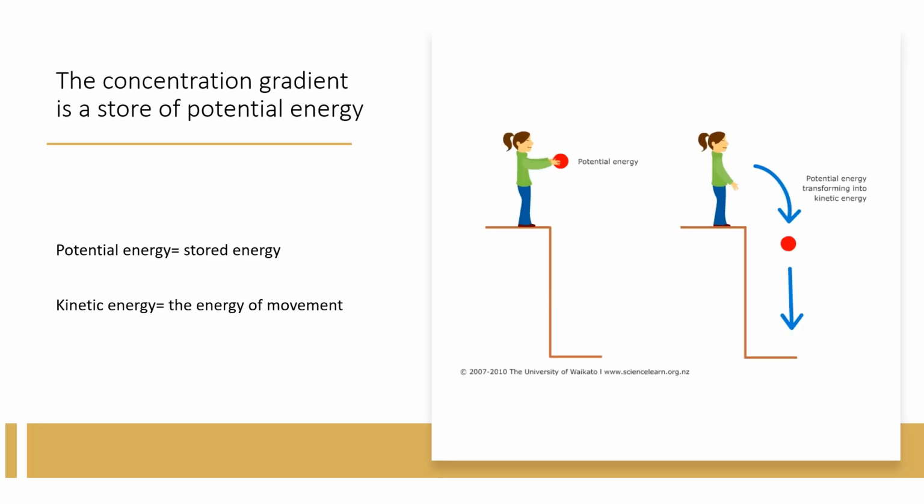A concentration gradient stores energy just like how holding a ball up in the air stores energy. Once the ball is released, or the protons move back across the thylakoid, that potential energy is transformed into kinetic energy and released.